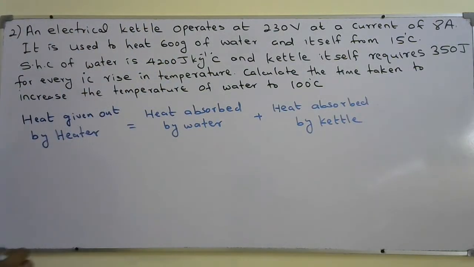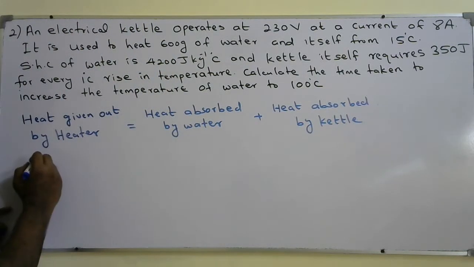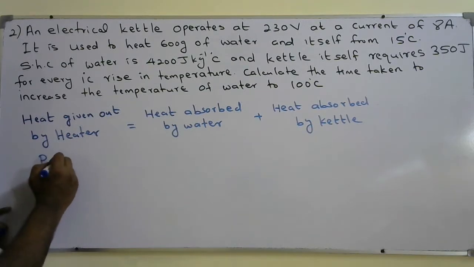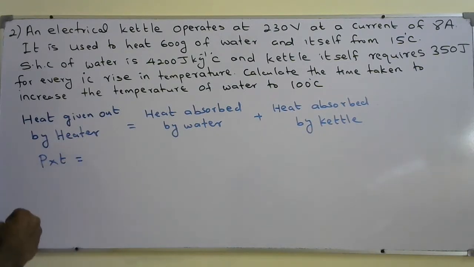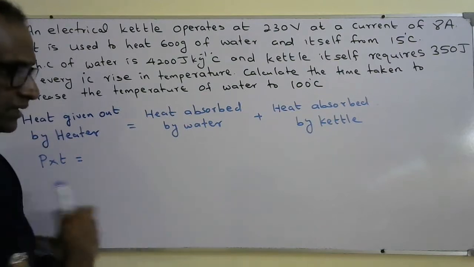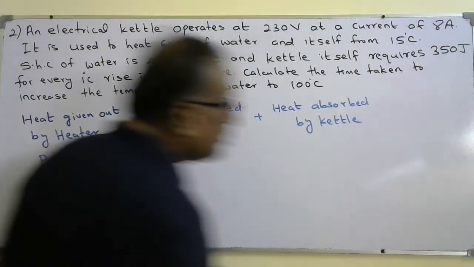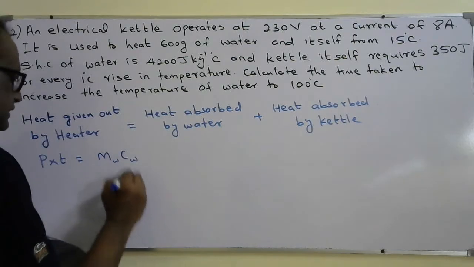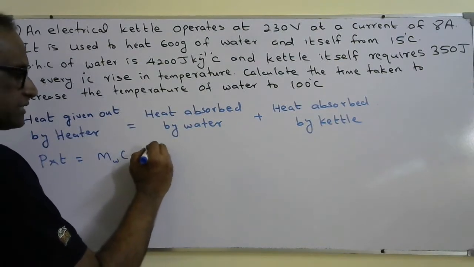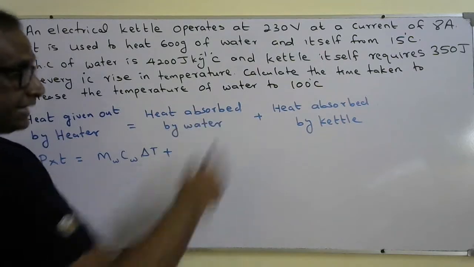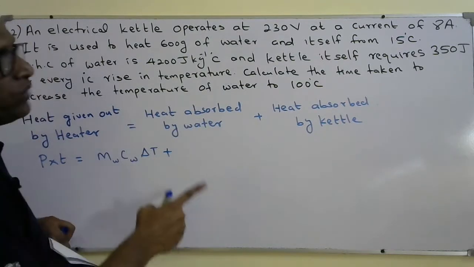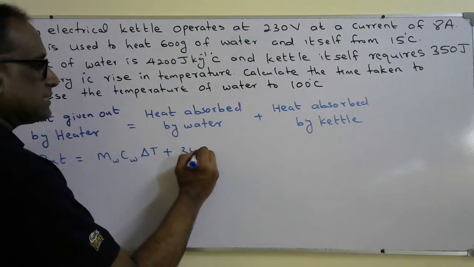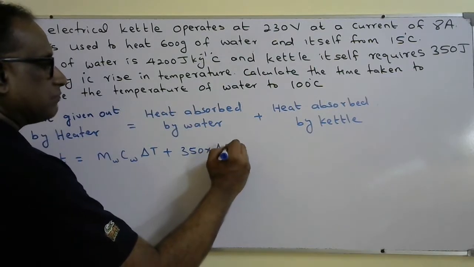Heat given out by the heater means the power of the heater P into time. Heat absorbed by water is the mass of the water, m_w, c_w, and the change in temperature, delta T, which we'll substitute later, plus the heat absorbed by the kettle, which is 350 into delta T.